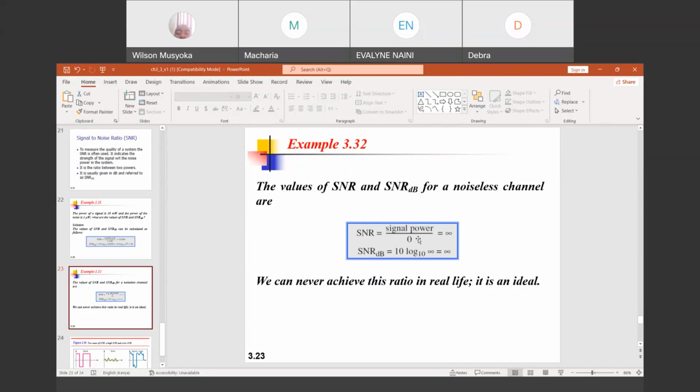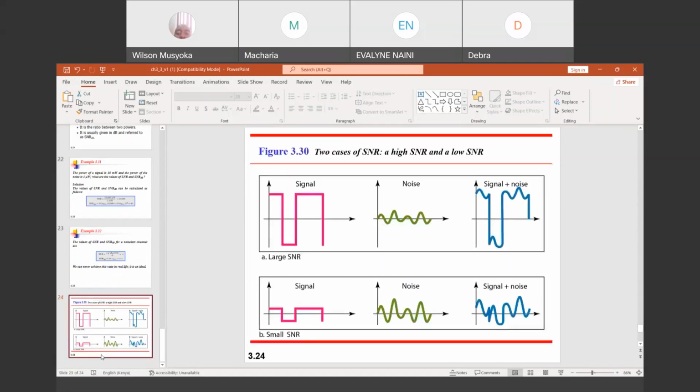And when you divide it by 0, you always get infinity, because any number divided by 0 gives you infinity, or it is going to be undefined. So this is something we can never achieve because it is not ideal in normal life. In normal life, when you are transmitting, there are also other transmissions that are taking place, if not other causes of nature. And that is why it is difficult to achieve that.